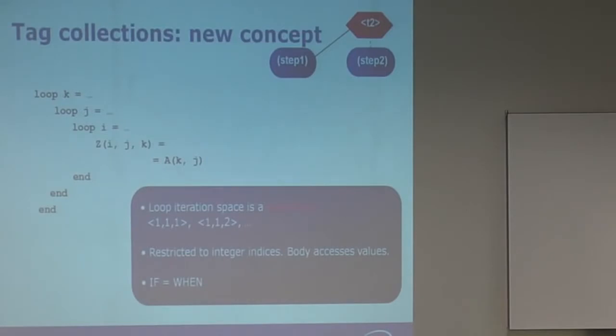So it's 111, 112, 113, et cetera. And as you produce each one of these, you then execute the body of the loop immediately. So it's an ordered sequence of these tuples, and you're executing the associated body. And as I said before, the if and the when are tightly bound together.